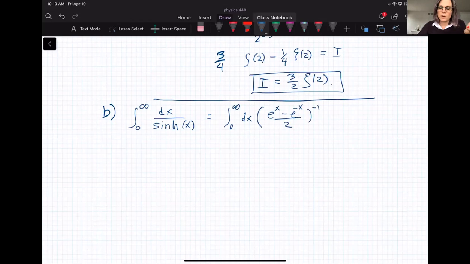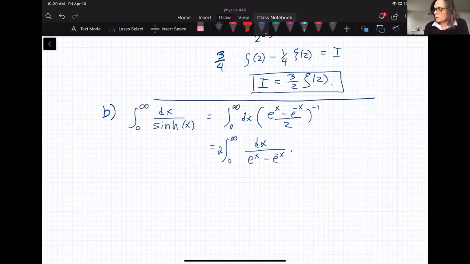So that's just one way of representing a hyperbolic sine. Let's write this out so it's a little more obvious. We'll put the 2 out, dx over e to the x minus e to the minus x.